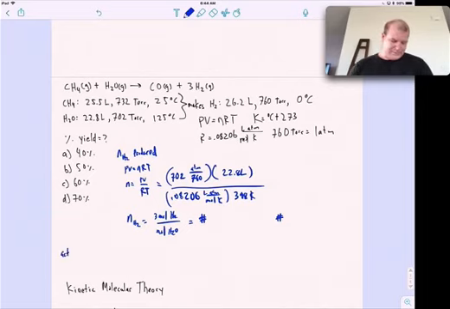So actual hydrogen is going to be the same thing, PV over RT, but for that one there. So 760 millimeters of mercury is 1 atmosphere, times the volume.